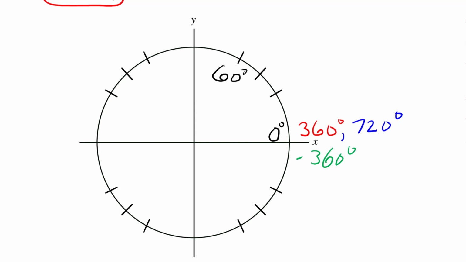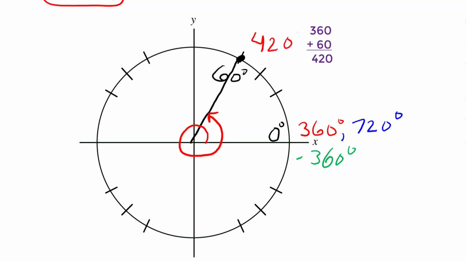Now let's consider a 60-degree angle in quadrant 1. And what we're going to do is find angles that are co-terminal. That means they terminate in the same location. We do so by going around one full circle, 360, and then an extra 60 degrees. That's 420 degrees total. Or from there, we can go around an additional 360 degrees.